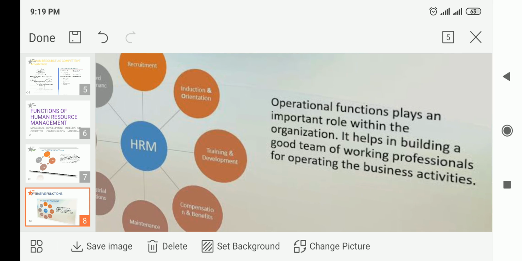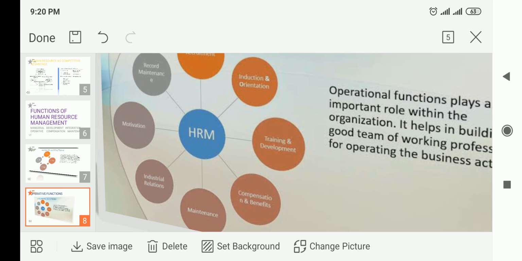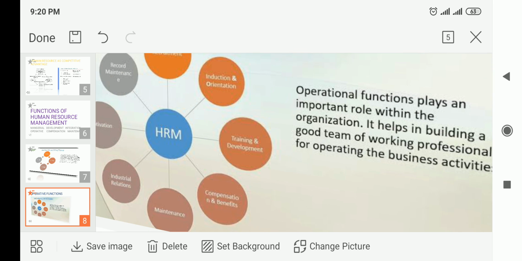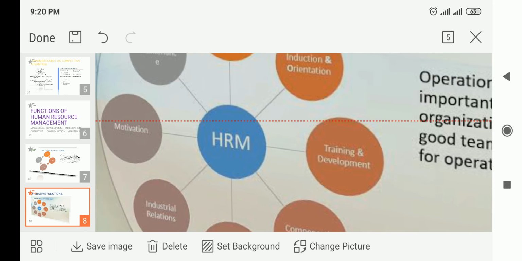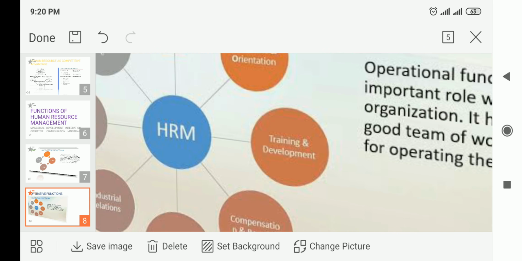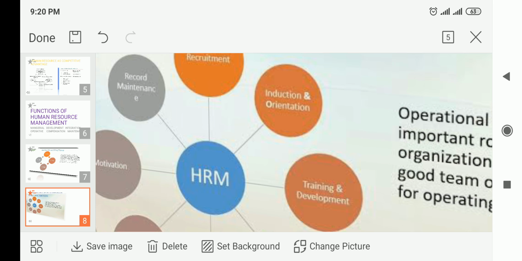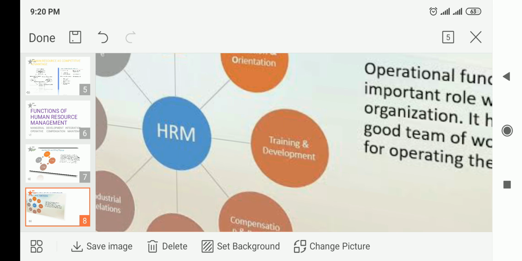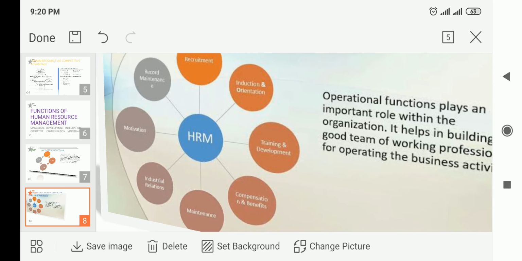Seventh is industrial relation. You can see the figures now, I'm making it bigger for you to see. And the eighth is motivation. Then the ninth one is record maintenance. So all these points have to be learned by you, and obviously the chart, the diagram, has to be practiced.